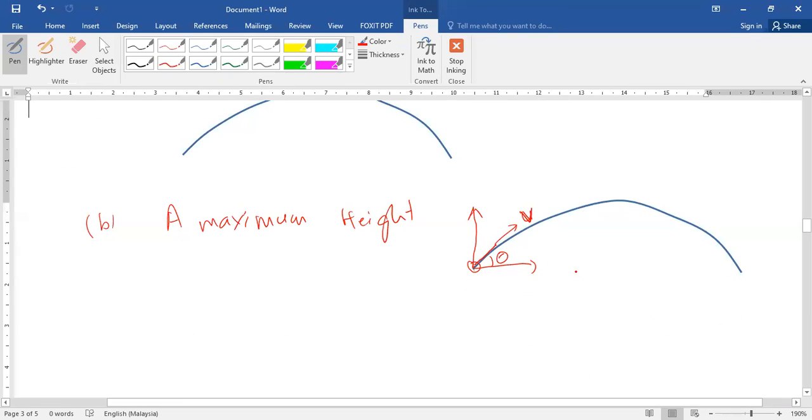Let's say I give this a velocity v. That means this will be vx, and this will be vy.